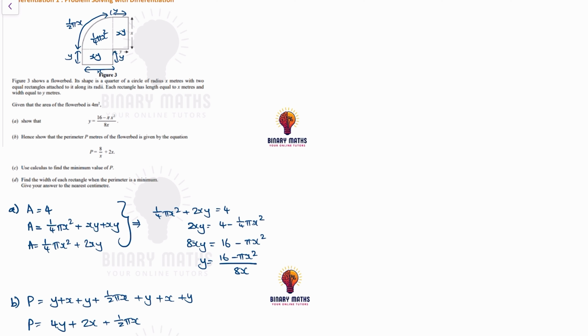The whole point is I want to eliminate the y. So let's call this 1. So P will be equal to 4 lots of 16 minus pi x squared over 8x plus 2x plus half pi x using 1.